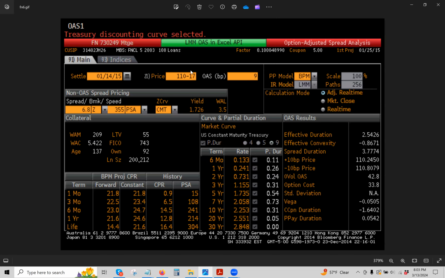And here, this is more along the lines of market curves, you know, of different rates and yields over different time periods. So you'll see here 1 month, 3 month, 6 month, 1 year, and then life. These terms even have a 30-year, even down to a 6 month, okay? And there's a spread and there's a duration, and this is all technical information relating to the yields and that type of related information.